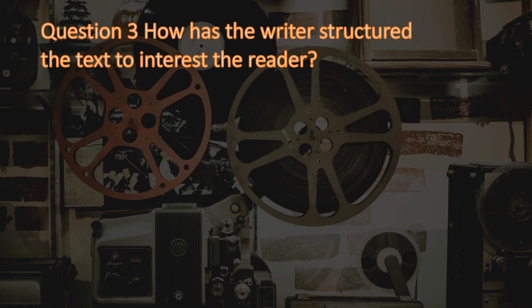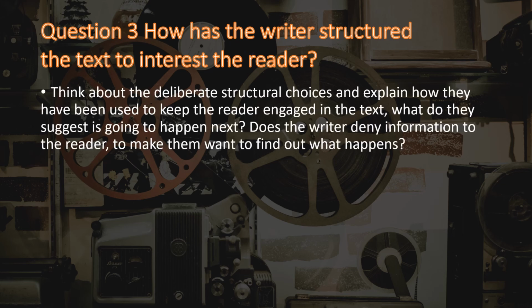So question 3, this is the question we've been talking about: how has the writer structured the text to interest the reader? Just some key tips here. Try to think about any deliberate structural techniques they've used and how they've been used to keep the reader engaged. What does it suggest will happen? Does the writer deny information to the reader to make them want to find out what happens? We tend to slow the story down as much as possible.